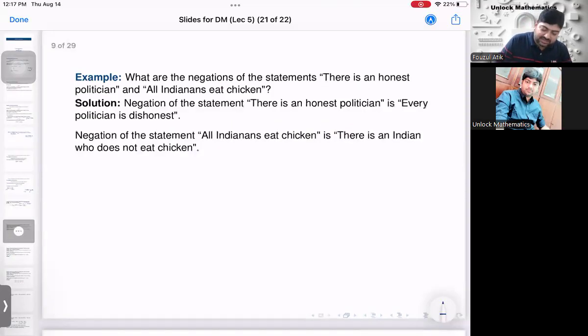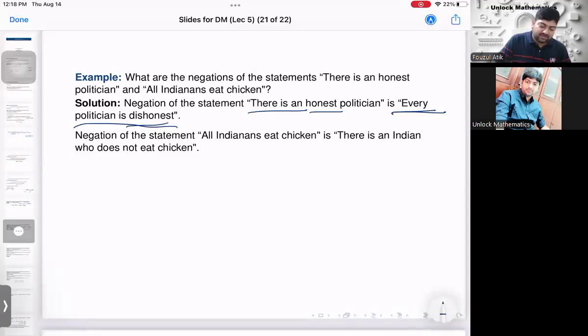So you can immediately say that the negation of the statement is every politician is dishonest, just by applying the De Morgan's law for quantifiers. Initially I had there exists an honest politician. Negation of exists is for all, so every politician, and honest politician, opposite of it is dishonest. So every politician is dishonest.